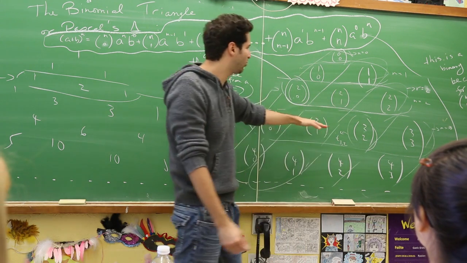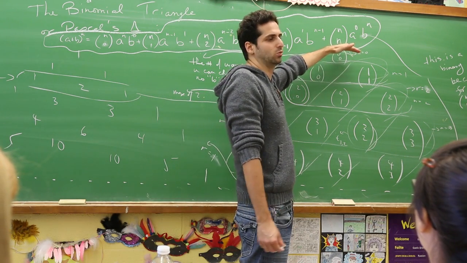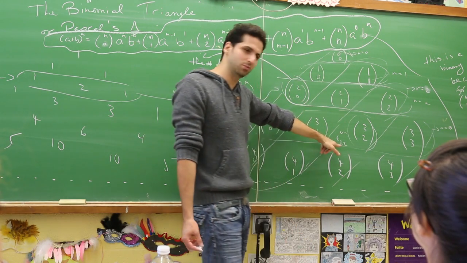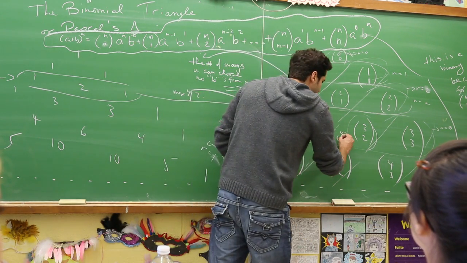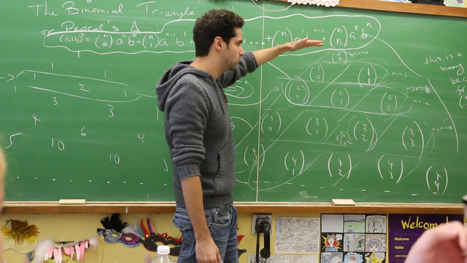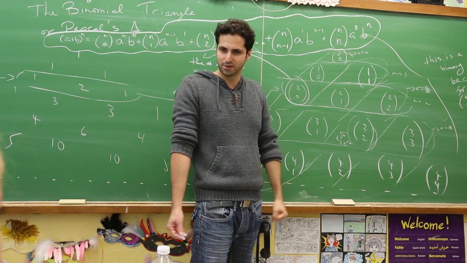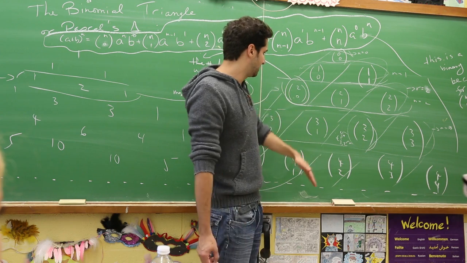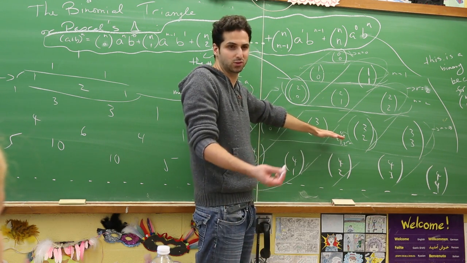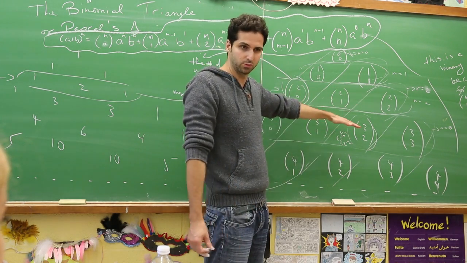I apologize, it's actually the 4th physical row, isn't it? Because physically the first row is called 0, 0. So when you talk about T3,2, if the 3 is the n and the 2 is the r, then 3 doesn't correspond to the 3rd physical row. It corresponds to the 4th physical row. You see that? So you have to be careful. You can't say this is in the 1, 2, 3, 4th row. No, it is in the 4th physical row, but it's in the 3rd n position, n row, if you will.